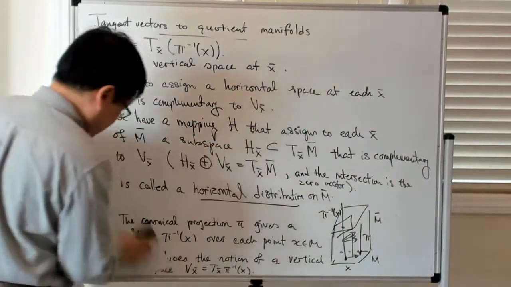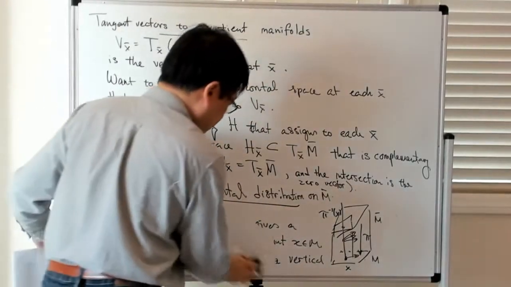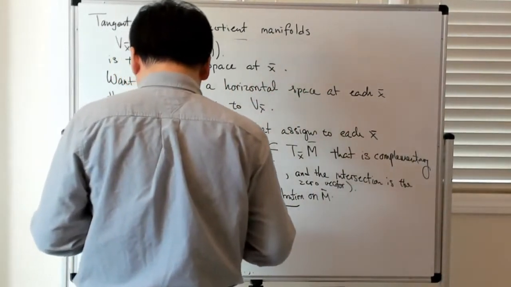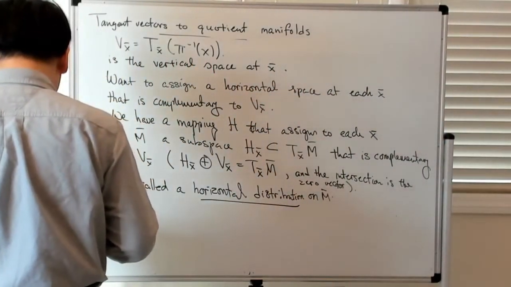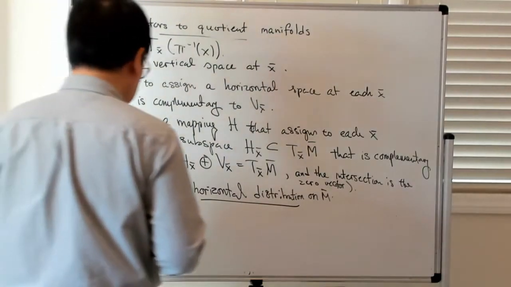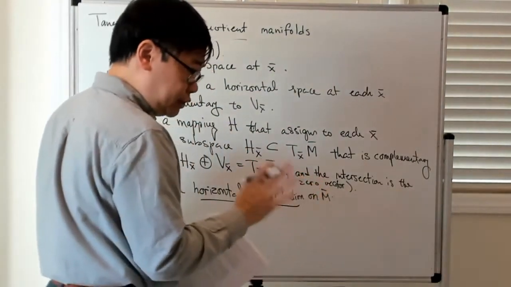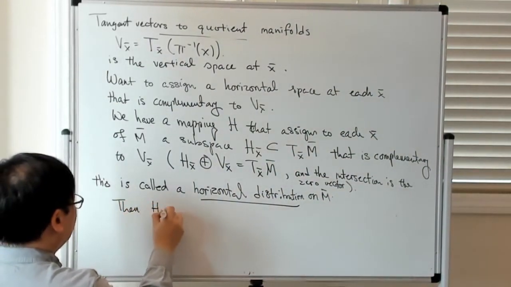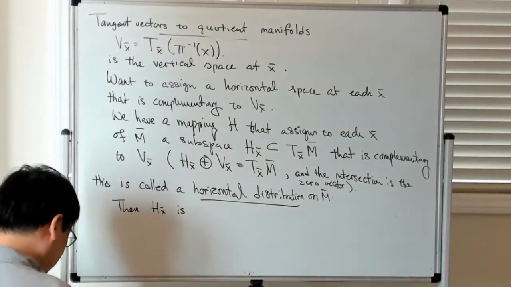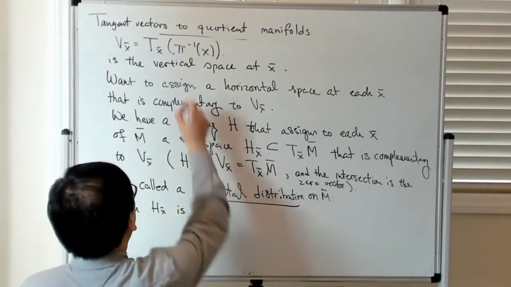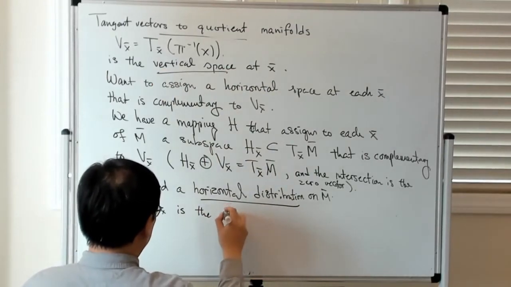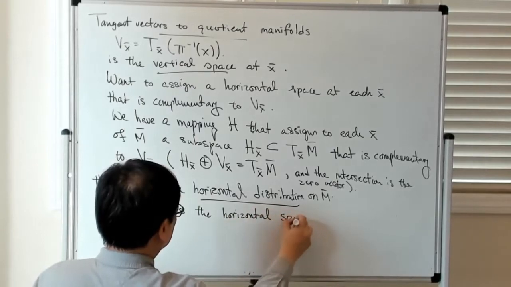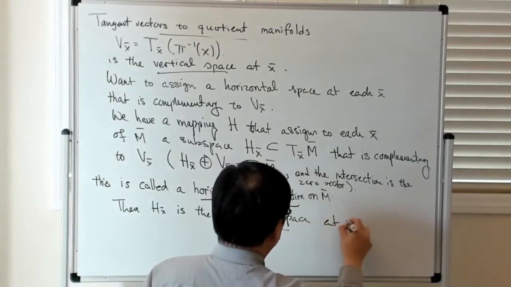To be clear, the mapping H is called the horizontal distribution, Hx bar is the horizontal space, and the vertical space is Vx bar, at x bar.